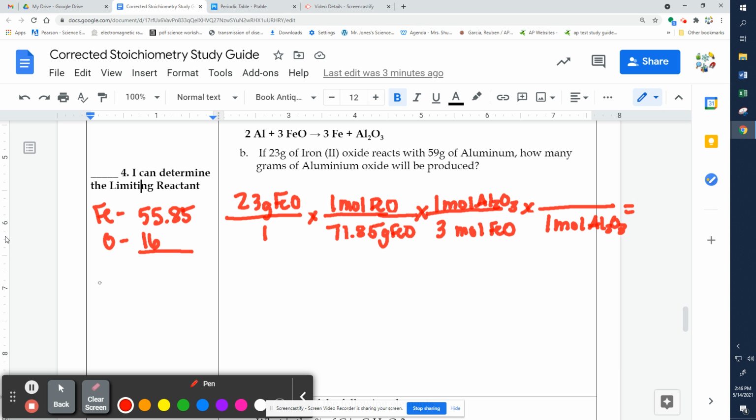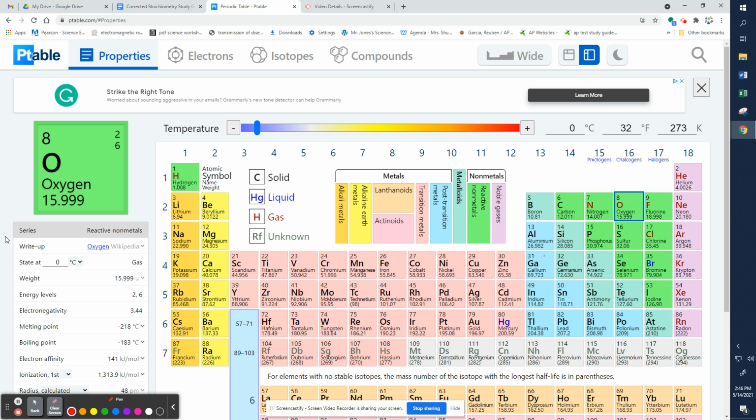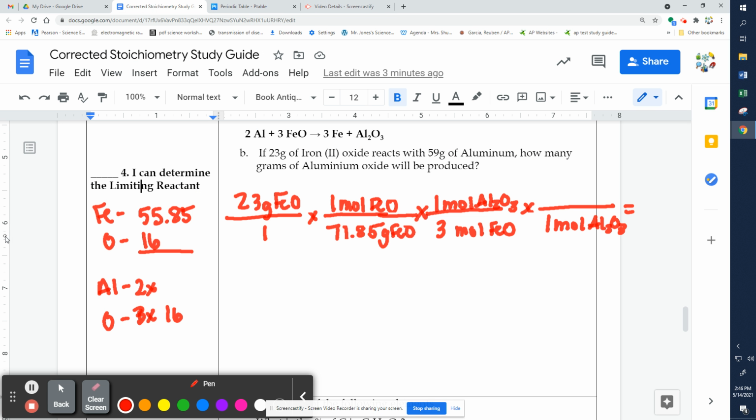On top, we need our molar mass. We have 2 aluminums and 3 oxygens. Aluminum is 26.98. So now I have 2 times 26.98 plus 3 times 16. And we get 101.96.